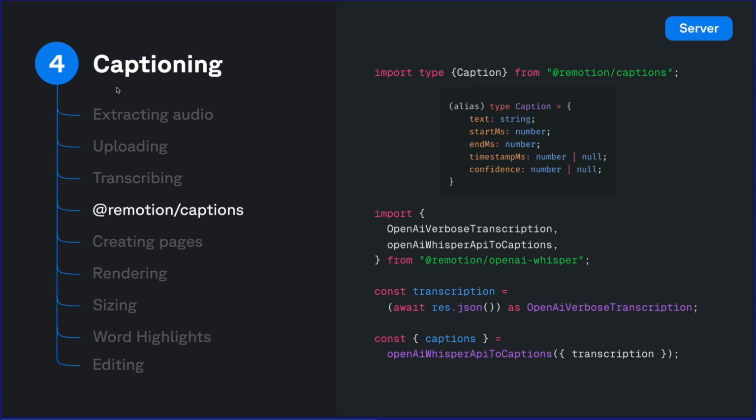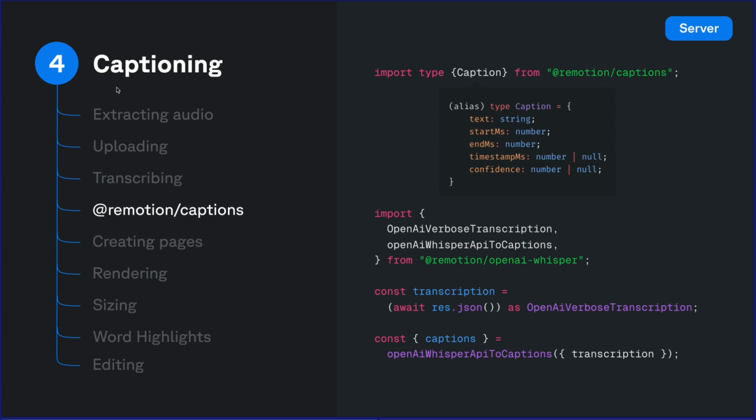So we are converting our OpenAI response to this caption type, but we also have a way to convert, for example, the output of a local Whisper CPP to this shape. So we have multiple providers, and they can all assume this shape. But for this example, I have just used the Cloud OpenAI Captions API.